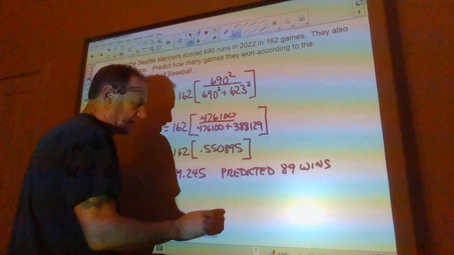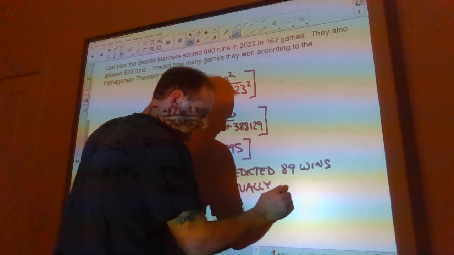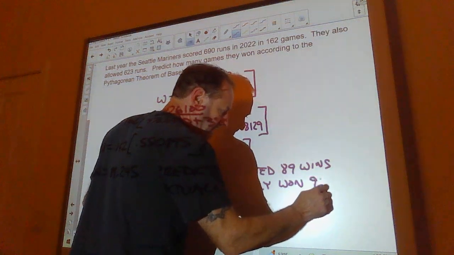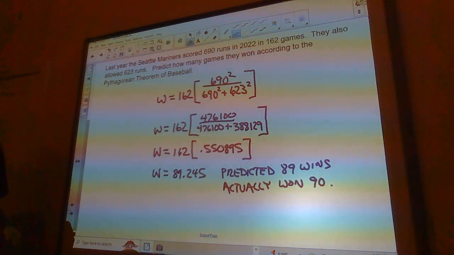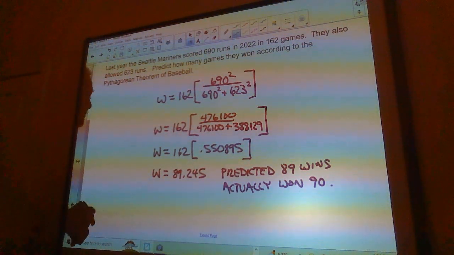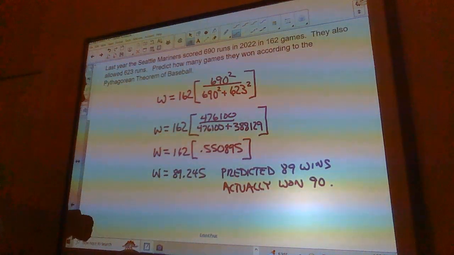And they actually won 90. So pretty close. You can try that with your favorite baseball team and see how it comes out. You can look all those things up online.